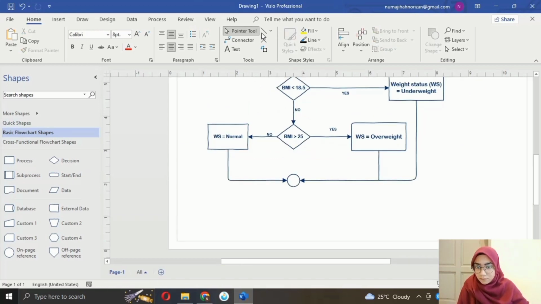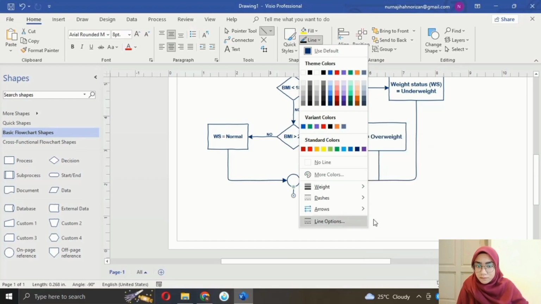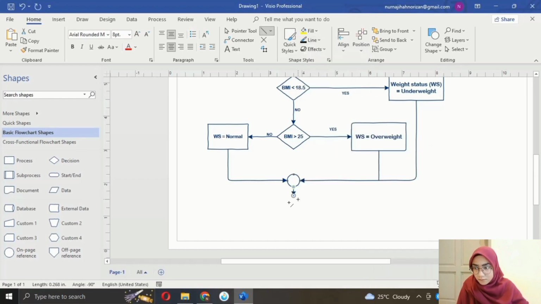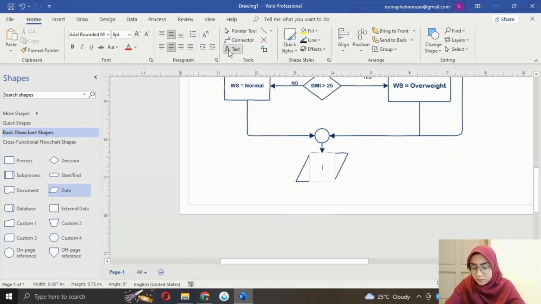Next, from the one page connector, we make another arrow, go down and put another symbol. The explanation is print weight and height, BMI, and WS with status.